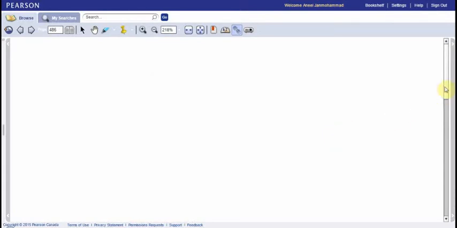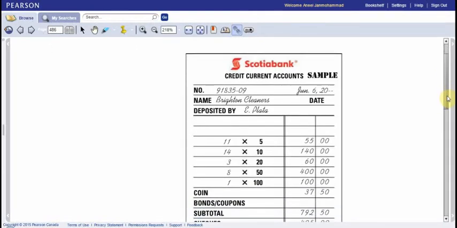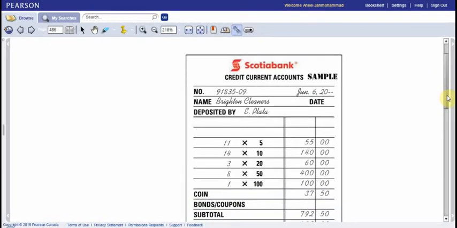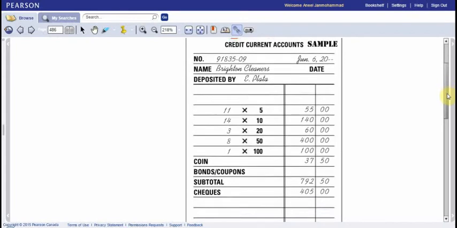As soon as the page loads, there we go. So this company is banking with Scotiabank, and as you can see, that's the name of the company, deposit by the name of the person. Here's the date. Every deposit slip, remember we talked about pre-numbering, so we'll always check if we have every single number. If not, then what's the reason?